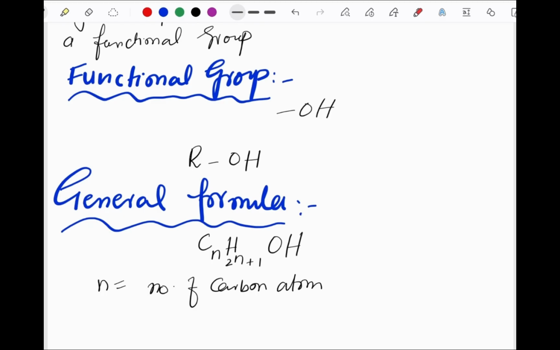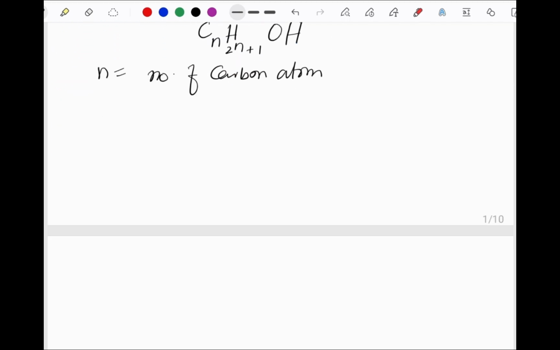Understood? Okay, so whenever I have to make any alcohol, I will just replace this n with that number and I will make the formula.